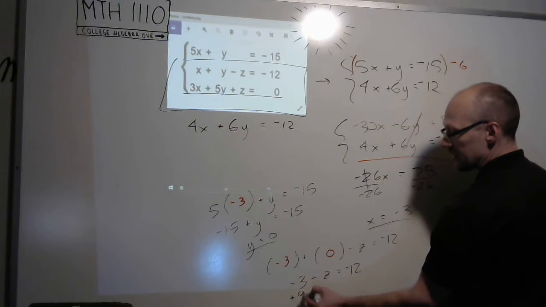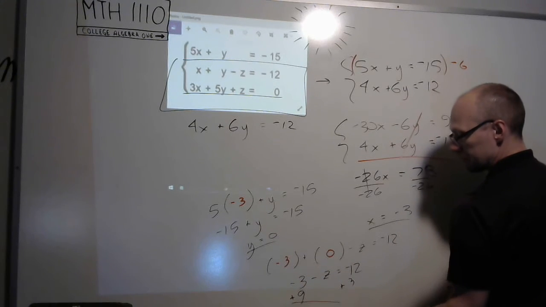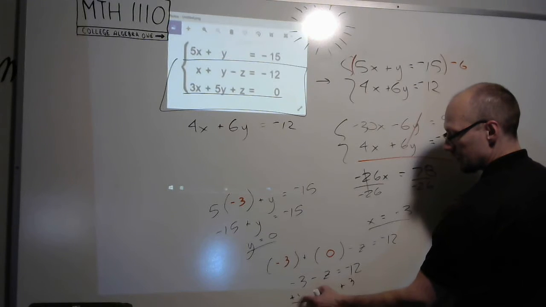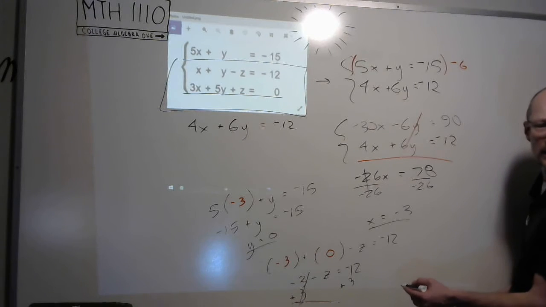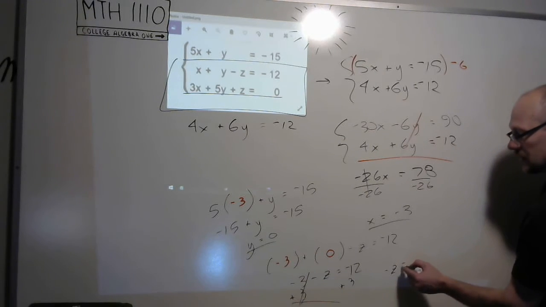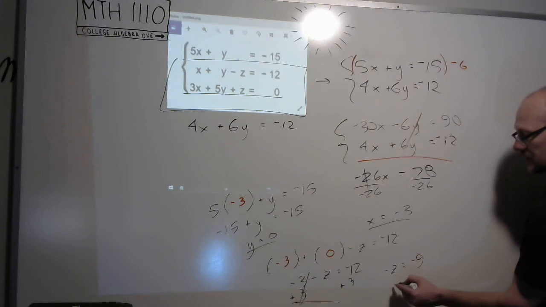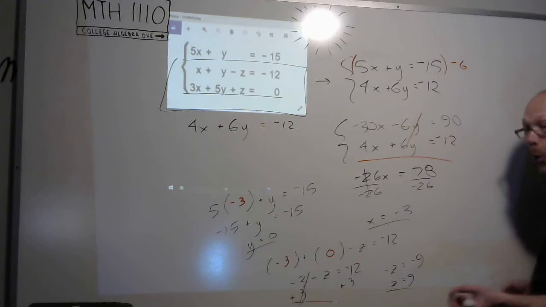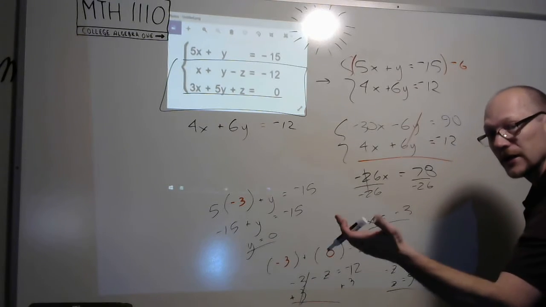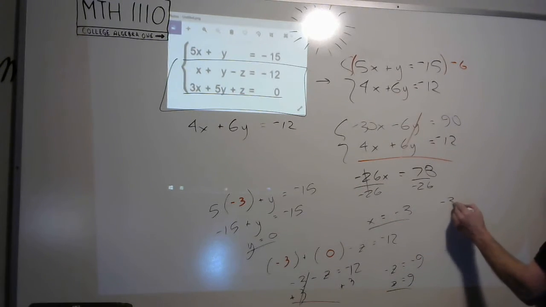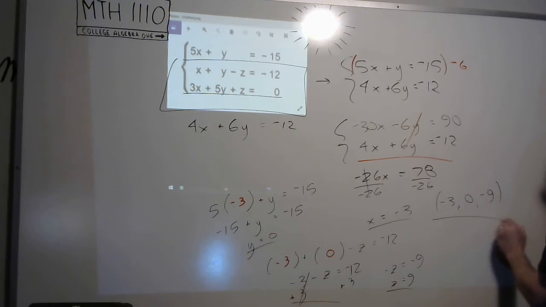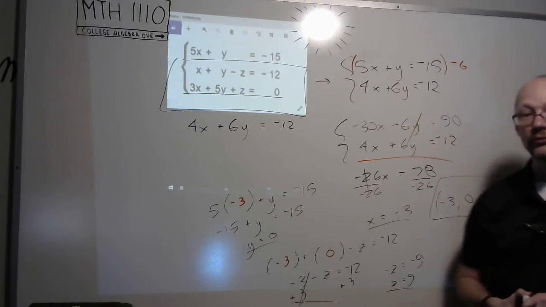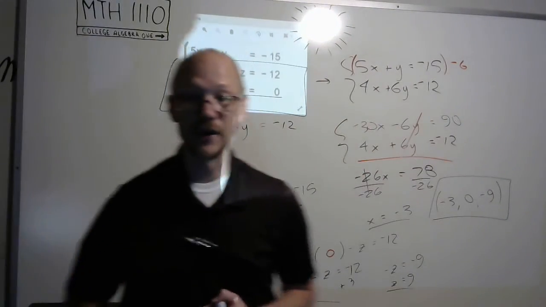If I add 3 to both sides, that's going to give me negative z equals negative 9. So z equals positive 9. And that gives us the ordered triple, in alphabetical order x, y, z: negative 3, 0, 9 as the solution for this particular system of equations.